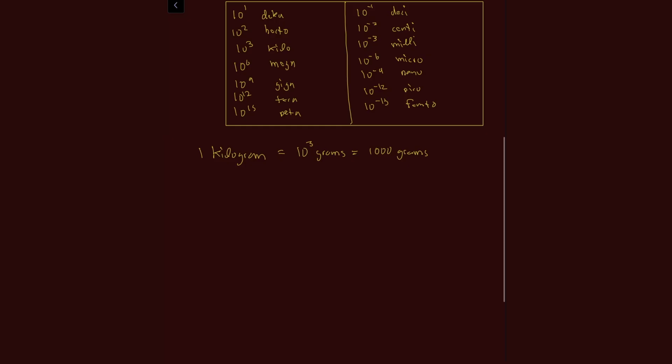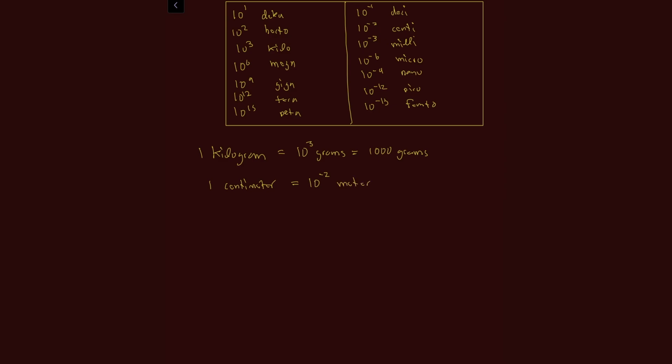Now, for example, 1 is a decimeter. I'm just going to use centimeter. Centimeter is more common. 1 centimeter would equal 10 to the negative 2 meters.